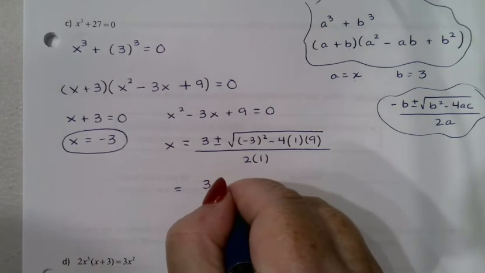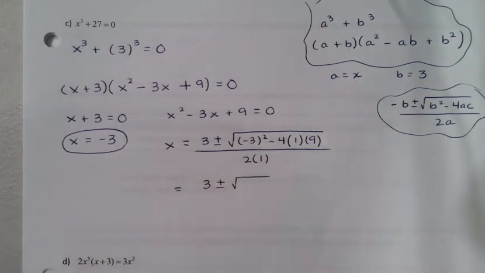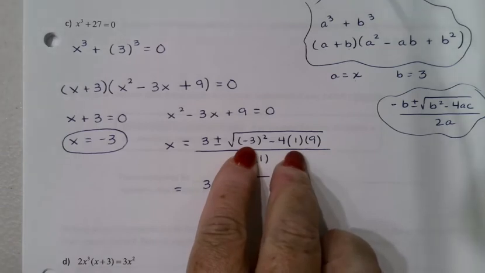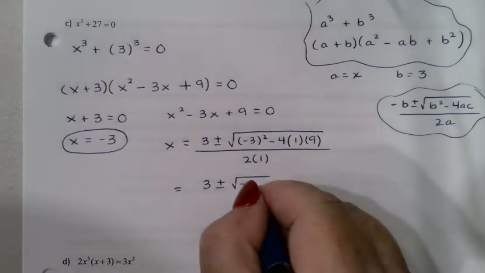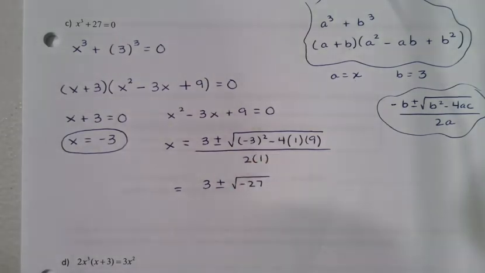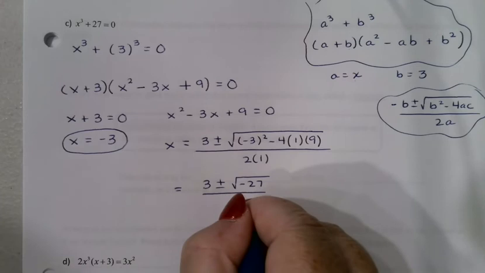So I have 3 plus or minus the square root of, that would be 9 subtract 36. It's -27. Or again, you could put all that stuff under the radical in your calculator if you'd rather do it that way. Over 2.